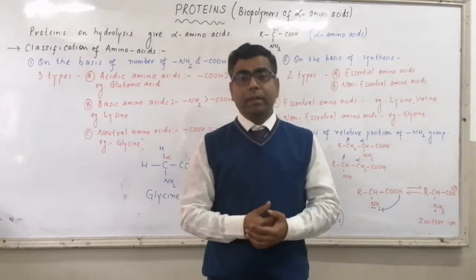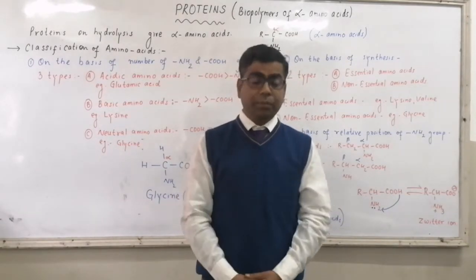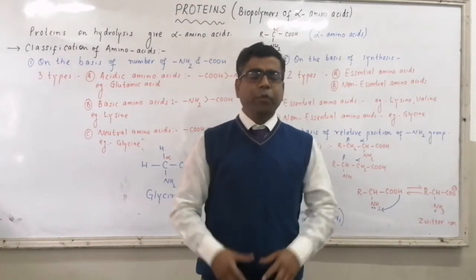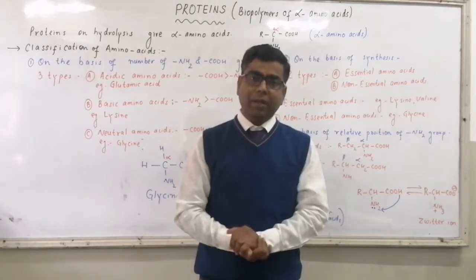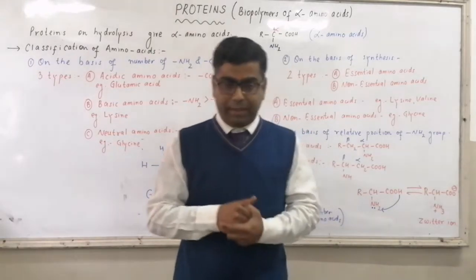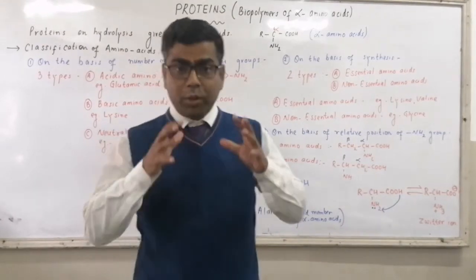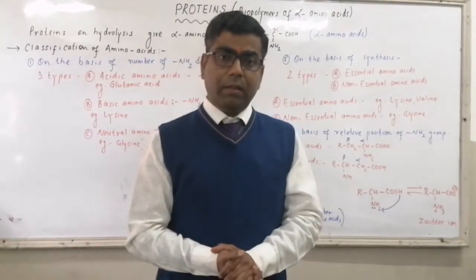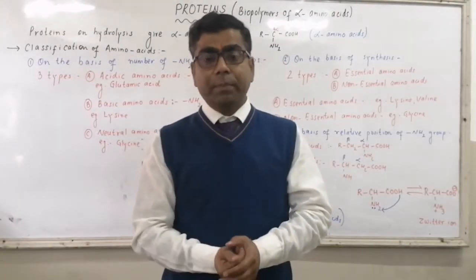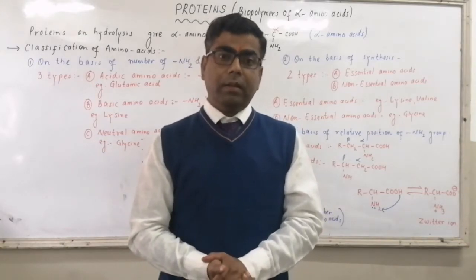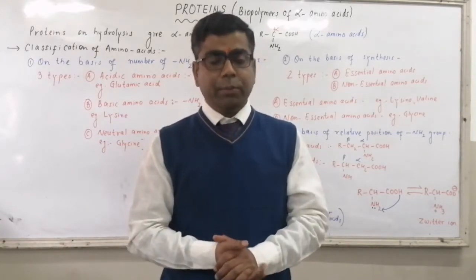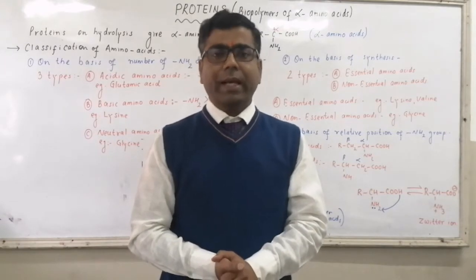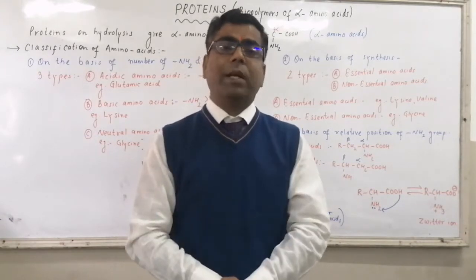So here, concept of alpha amino acid is important. But before we talk about alpha amino acid, let us talk first about amino acids. What are amino acids? Amino acids are the organic compounds in which carboxylic acid group as well as amino group, that is your NH2 group, both are present.